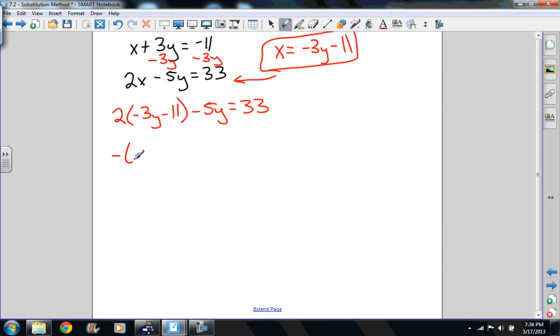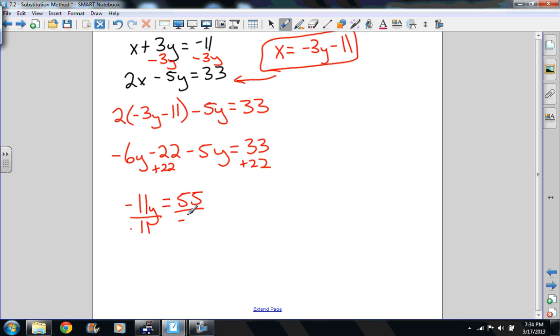So I get -6y minus 22 minus 5y equals 33. I'm going to add 22 to both sides and then combine the y's. -6y and -5y give me -11y equals 55. Divide by -11. y equals -5.